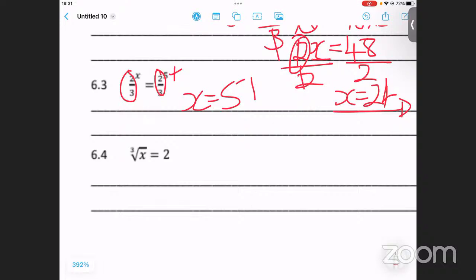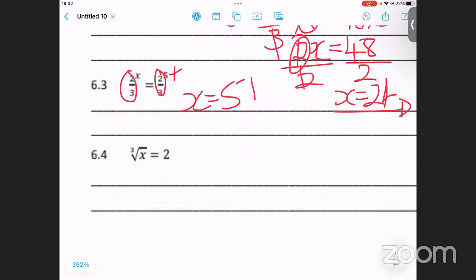Ma'am, the inverse operation of a root is an exponent, right? So here it's a cube root, meaning the 2 has to be cubed to get the x. Not squared but cubed, ne? Cubed. Yes. That's what you meant, right?